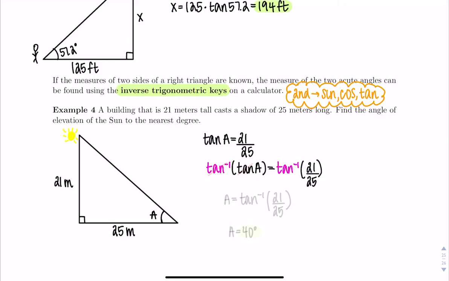On the left-hand side, the inverse tangent and the tangent cancel. And so we're just left with A equals the inverse tangent of 21 over 25. And so plugging that into your calculator, you get that A equals 40 degrees.